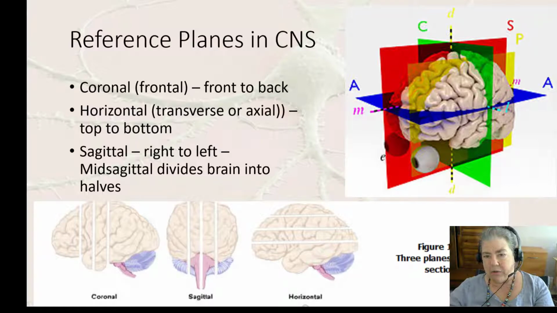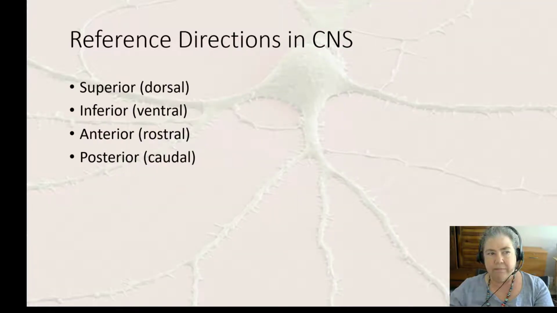There are also reference directions in the central nervous system, and they do get slightly confusing because in some ways they seem like they should be the same, and in other ways they're a little bit different. Superior and inferior are also called dorsal and ventral. Superior, if you think of a four-legged animal, their back is dorsal, right?